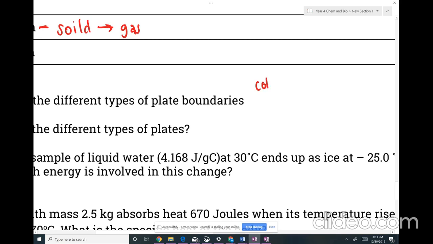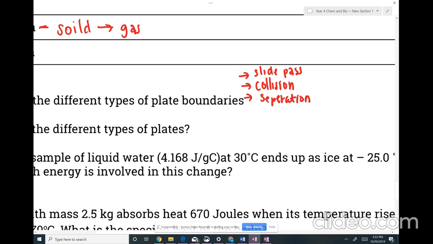Your first one is going to be the one where plates collide. We're also talking about plates sliding past each other. And then we are talking about plates separating. Those are our three types of plate boundaries.